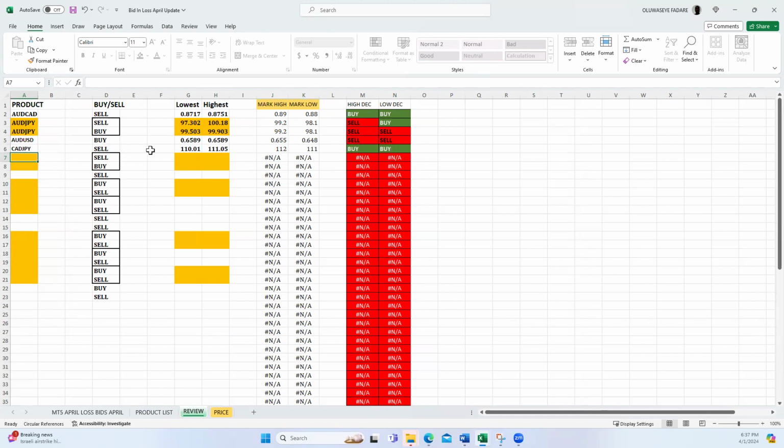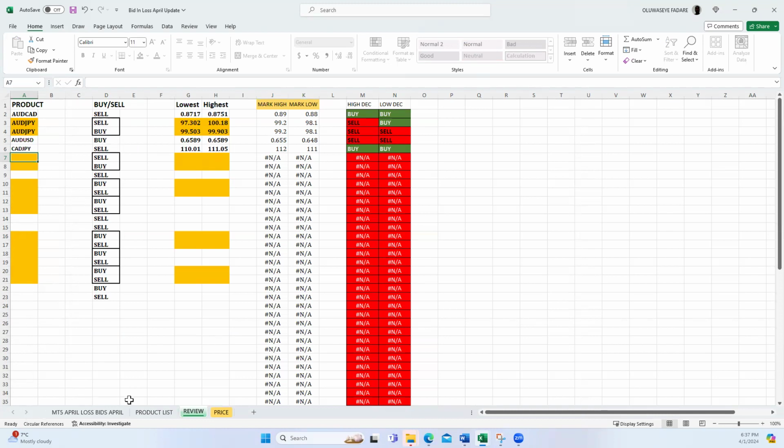We need to start recovering our sales because all our bids are in sales. But if the price comes below 111.05 and doesn't go above 112, it means the market is going to change from a buy to a sell, and then we'll be safe.